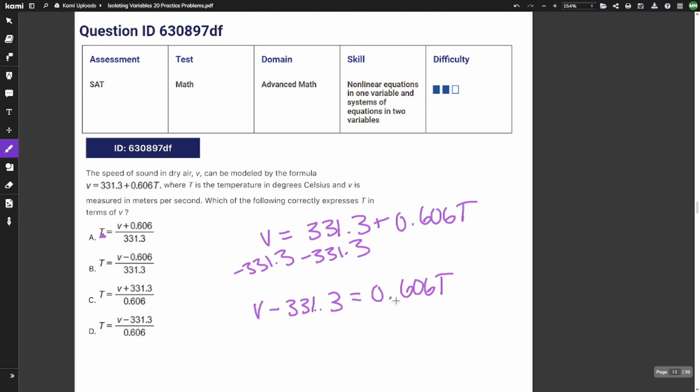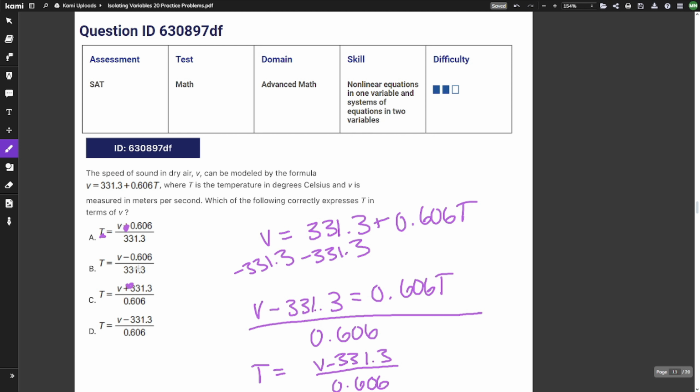And then we're going to divide the entire thing by 0.606 to get t by itself. And we get that t is equal to (v minus 331.3) divided by 0.606. So our answer is D.